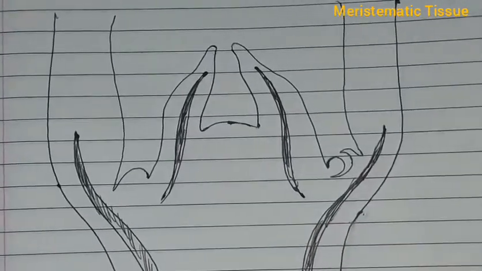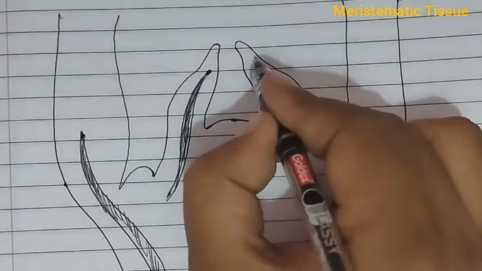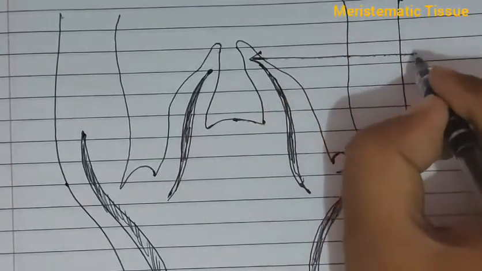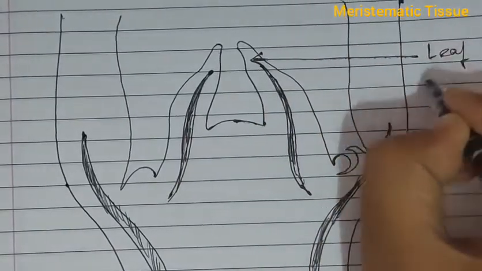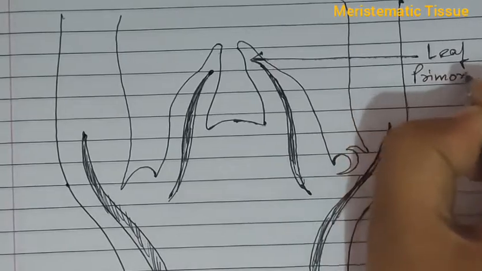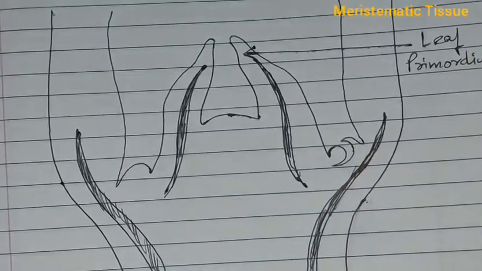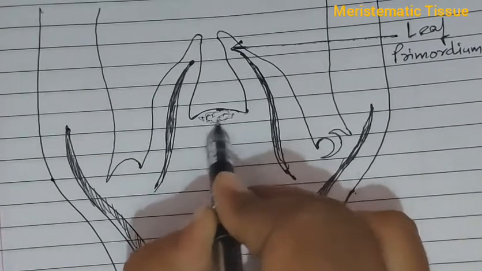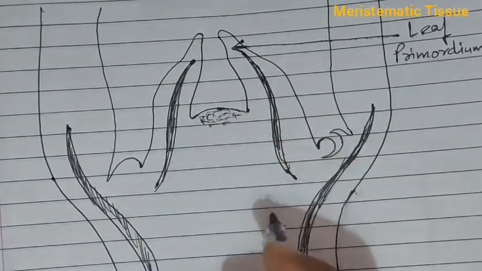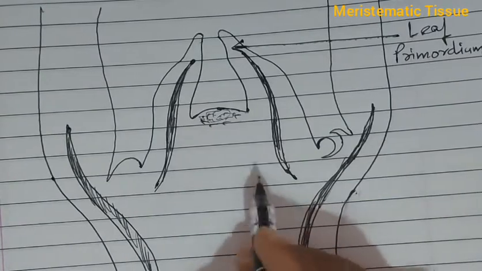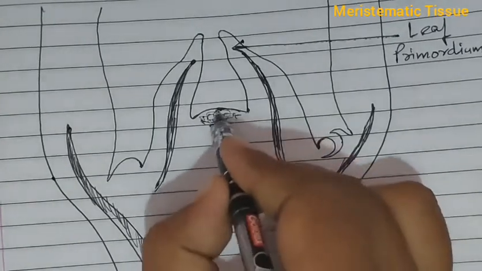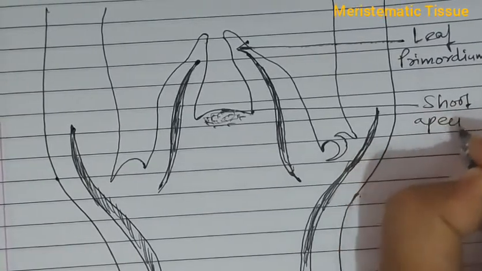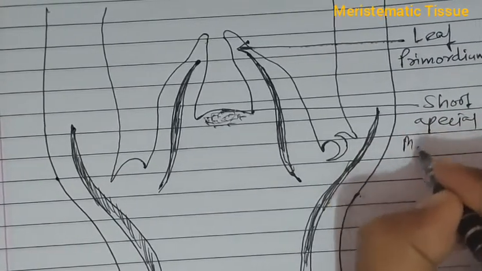Now in this, if we label it, this is known as the leaf primordium, which is going to form a leaf. Inner to that, you will see this structure, and that structure is known as the shoot apical meristem, which is present at the shoot apex.